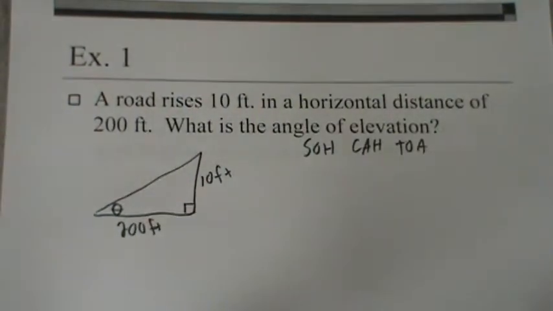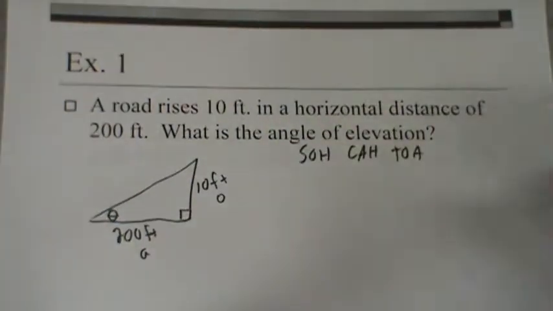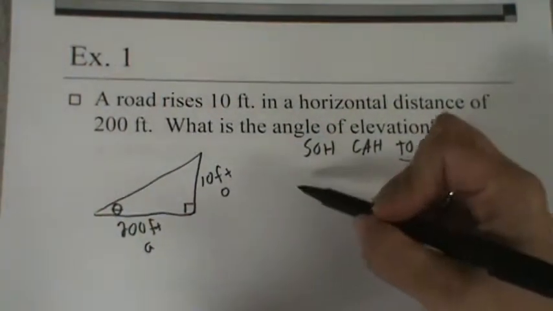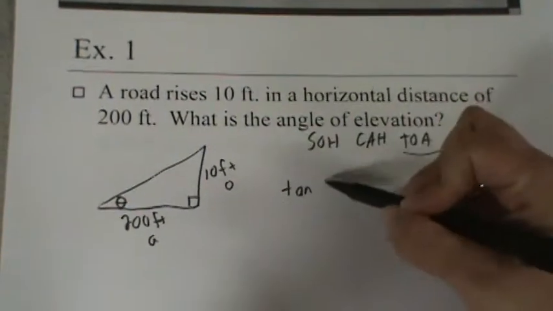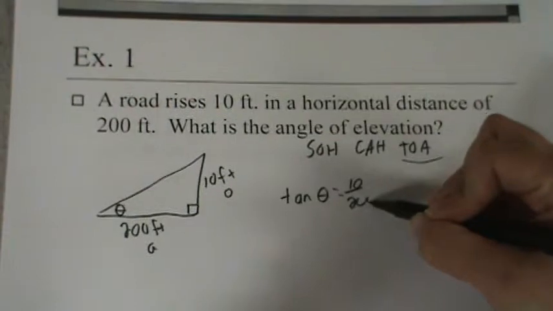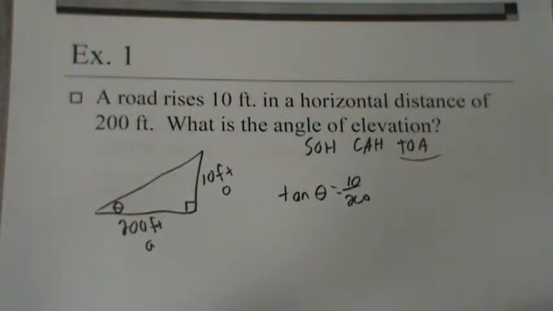So there's my angle. My 10 is my opposite. My 200 is my adjacent, which means I'm going to use tangent. So on this one I would have to start with tangent of theta equals 10 over 200. Remember from here, I need to start by dividing 10 and 200.